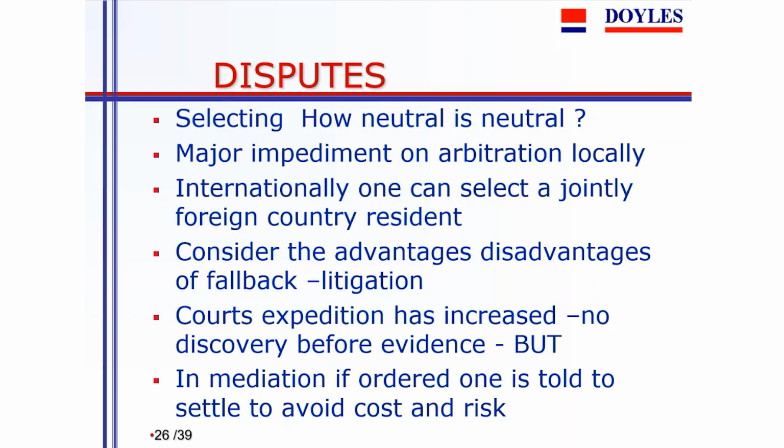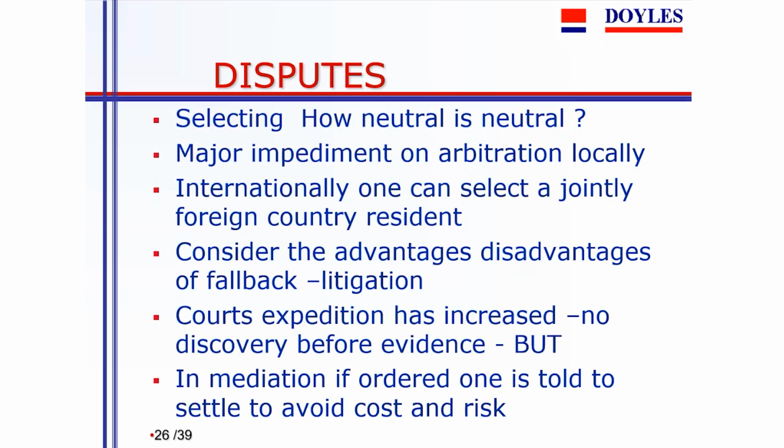With disputes, here again is selecting a person. You've got to make sure that if you're selecting a neutral, that he is really neutral. So that's an important aspect. It's a bit of an issue with local arbitrations that you might select somebody who's got a range of associations with the other side or some of their advisors.